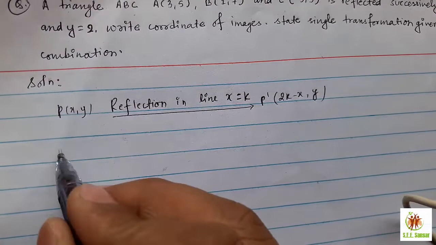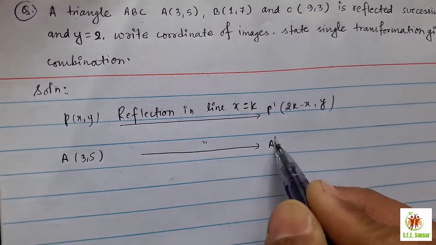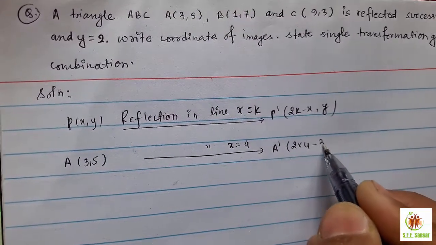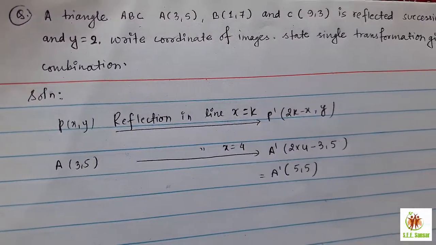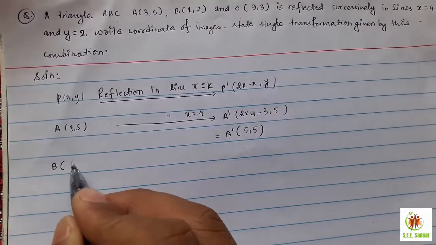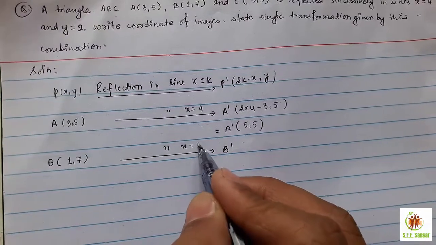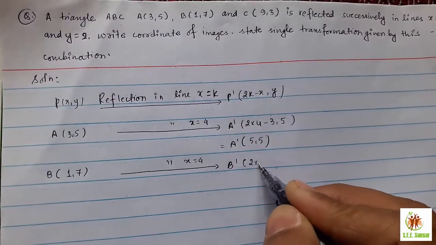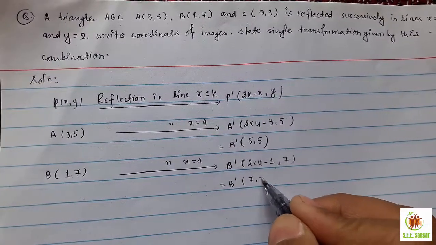So A(3,5) becomes A dash (2 into 4 minus 3, 5), which is (8 minus 3, 5), that is (5,5). Coordinate B is (1,7), whose image B dash under the same condition x equals 4 is (2 into 4 minus 1, 7), which is (7,7).